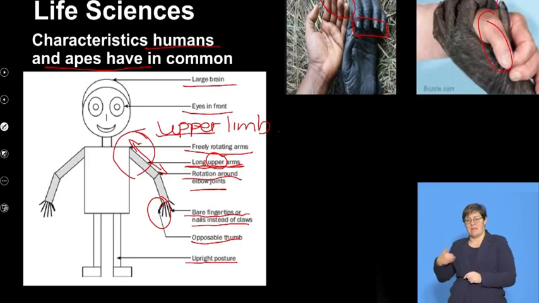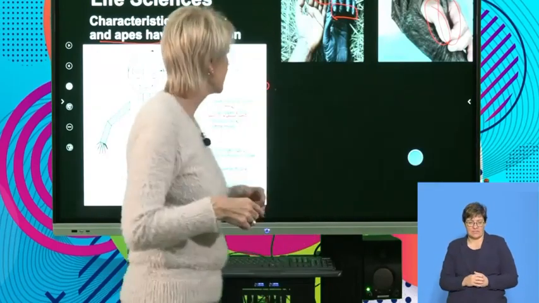Us, as well as other primates, have that opposable thumb, and that gives us the ability to grip things, pick up things, hold things. It gives us power and precision movement. That is basically different to the rest of the animal kingdom.